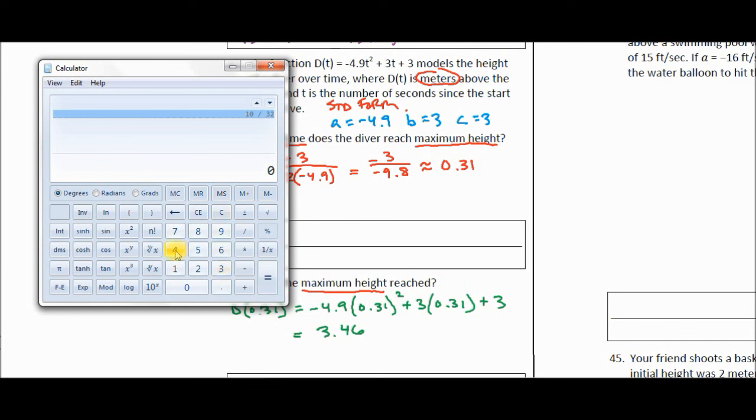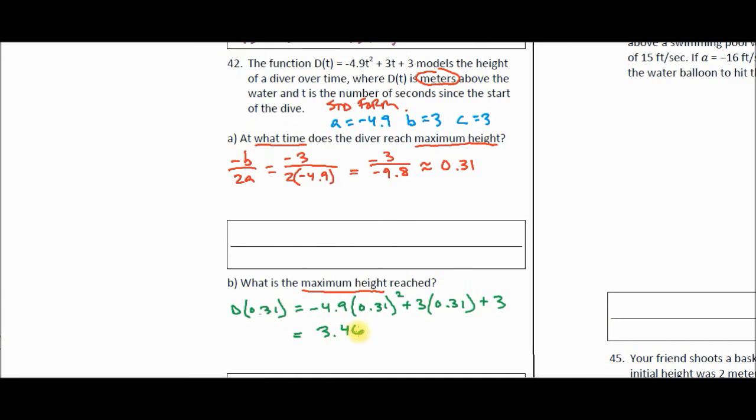So I'll try this just for the heck of it. 4.9 times parentheses 0.031 parentheses squared equals. Plus 3 parentheses 0.031 parentheses plus 3 equals. Yeah, my calculator is going to actually make mistakes on this because of the order of operations, and my parentheses don't work the same as yours, so I'm not going to worry about that.